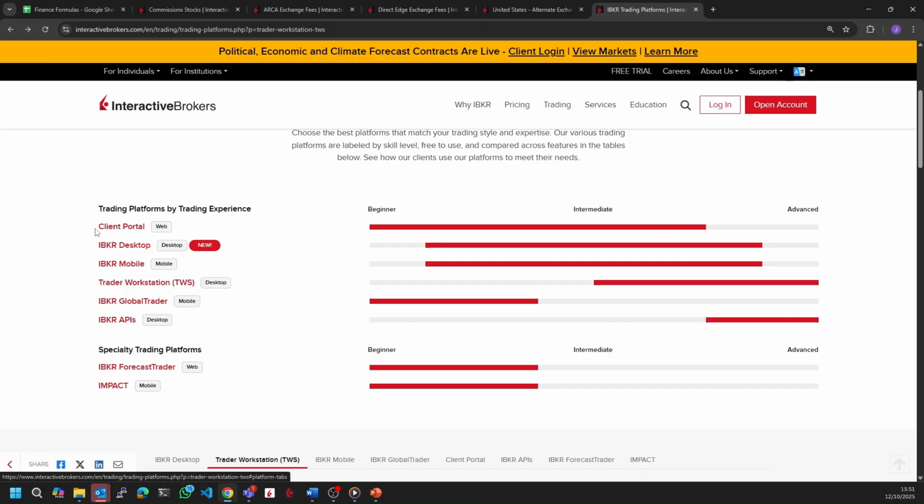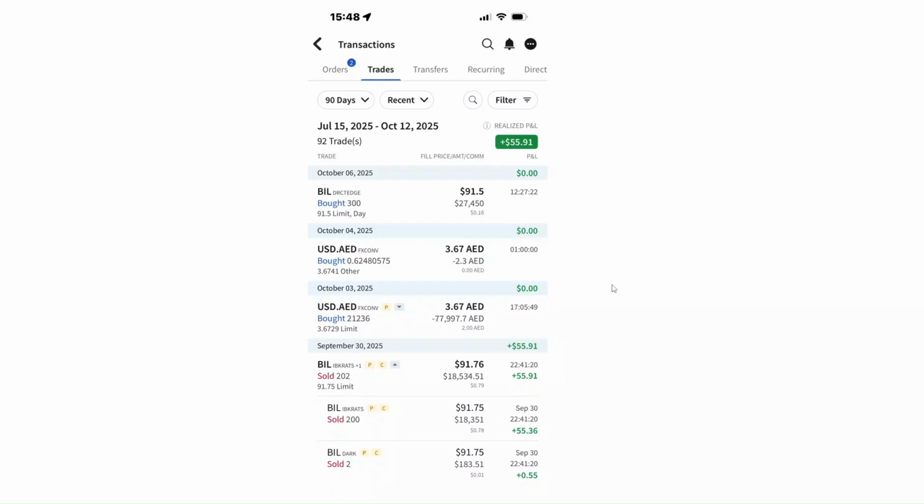I'm doing it either here on the client portal, because I'm not a trader, so I'm not using Trader Workstation, or I'm using IBKR Mobile. And of course, here is an example from mobile software. Here from DirectEdge, 300 shares, and the order costs only 16 cents.